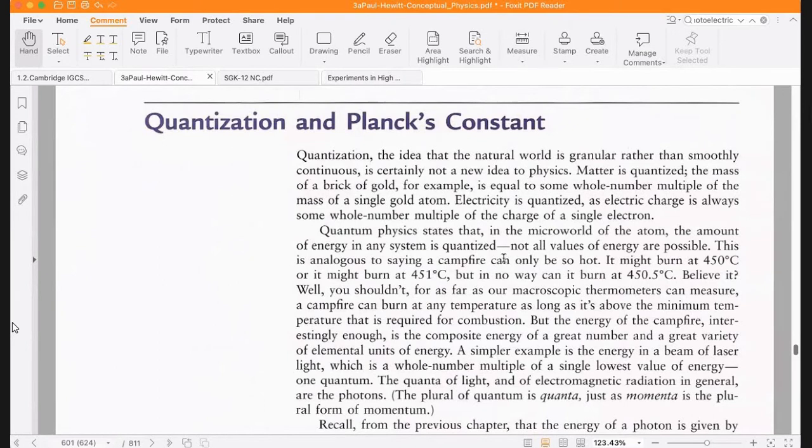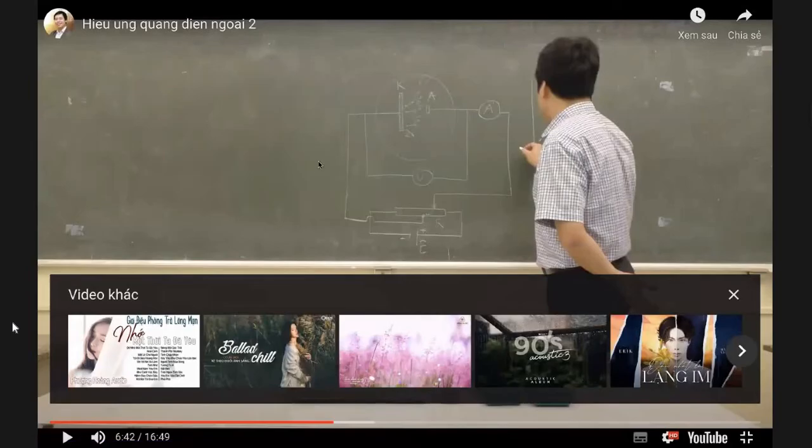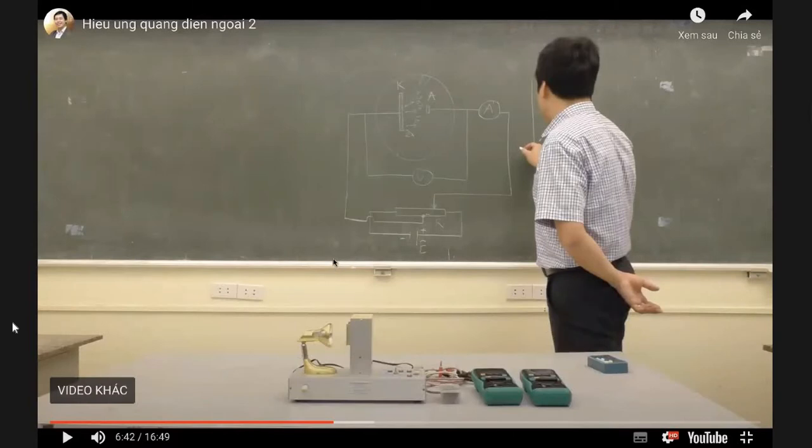So the first question I would like to ask you is to talk in English to give the definition of the photoelectric effect. And the second question I would like to ask you is, does anyone remember that Professor Chet mentioned the shape of the cathode and also the anode, and why we need to have the shape of the cathode and the anode like this?